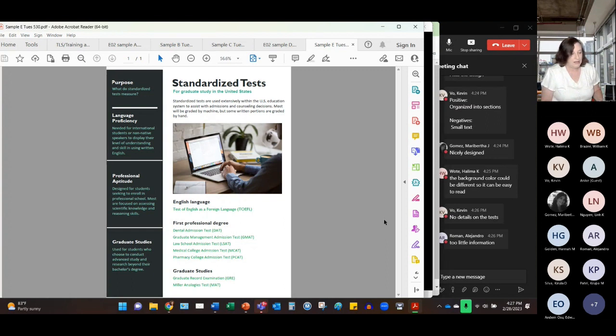In some respects, the first professional degree tests somewhat speak for themselves as to whether you would have to take the test, but it's definitely not necessarily clear which of the other ones you might need to take.